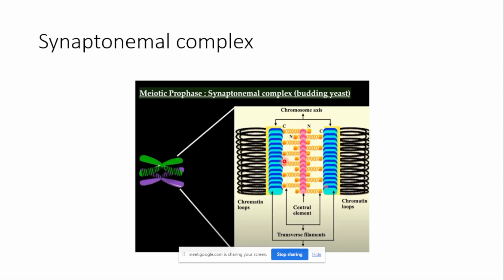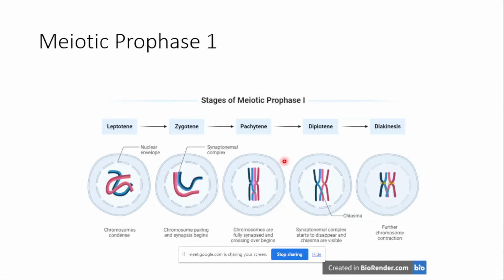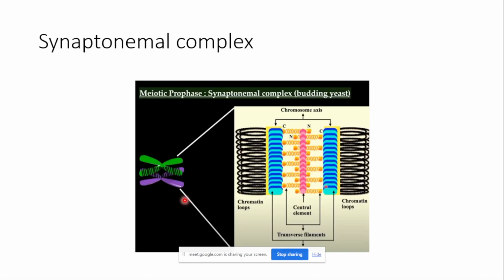Okay, so now let's look at the synaptonemal complex, which I told you is formed during the zygotene stage, when the pairing of the homologous chromosomes occurs. If you look at the structure of the synaptonemal complex, you can see that there are three parts visible here.